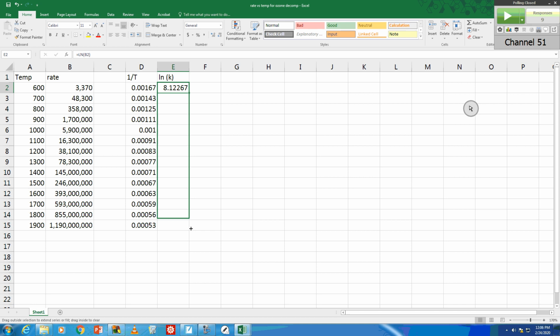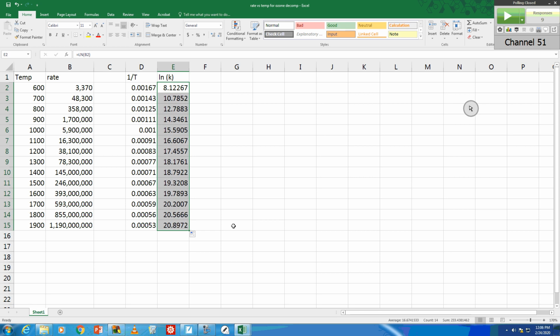I'm going to do the same thing. I'm going to drag it down. So down here at the end, I've got the natural log of the rate constant that was in cell B15.